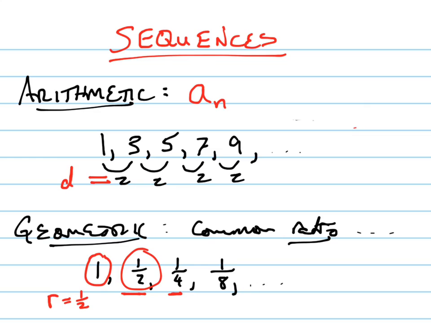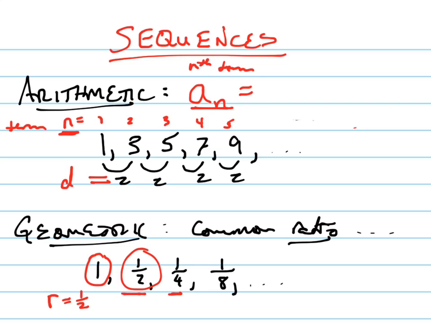These are called explicit formulas because I'm writing a formula out based upon the number of the term that it is. So here's n equals 1, 2, 3, 4, 5. This is my term, and this is my nth term. My nth term is a sub n. And how can I define a sub n?